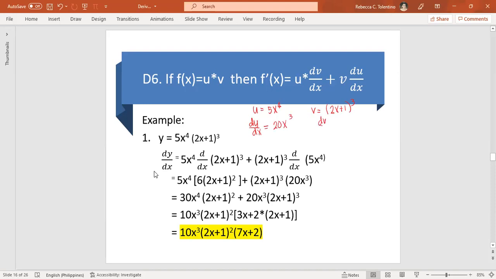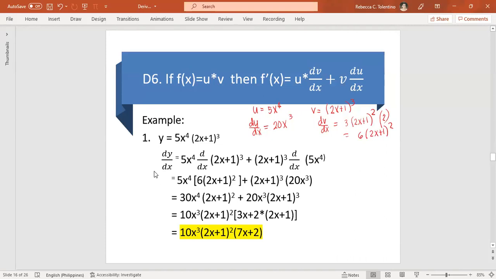And our dv over dx is 3 times 2x plus 1, using the power rule, raised to the 2nd power, multiplied by the derivative of the base. The derivative of 2x is 2. So this is 6 multiplied by 2x plus 1 quantity squared.